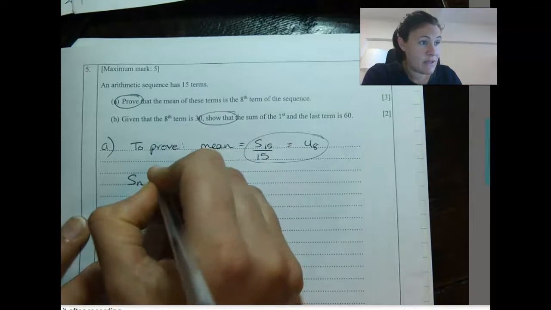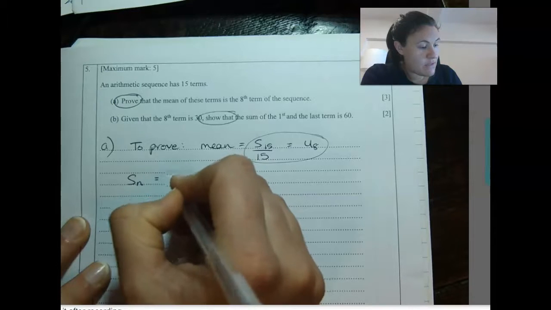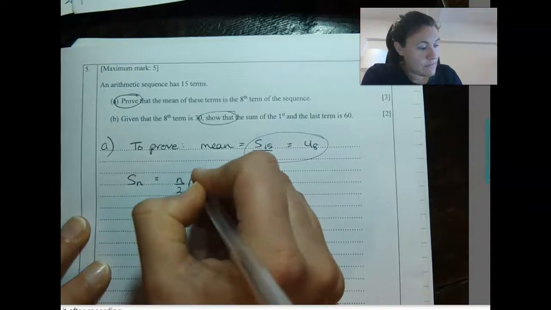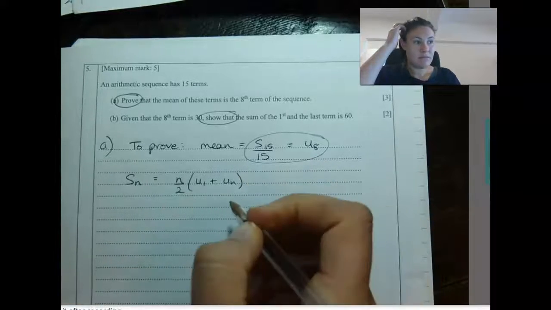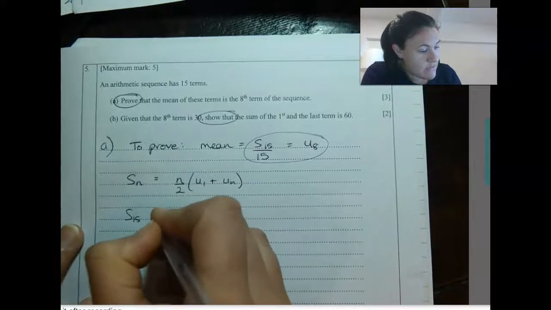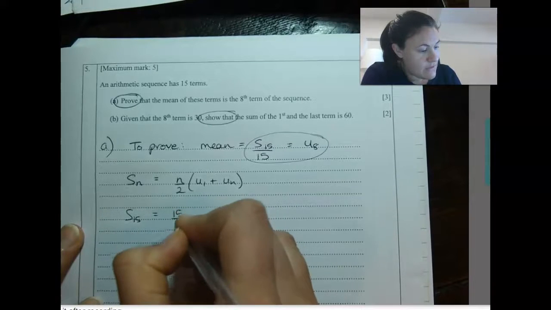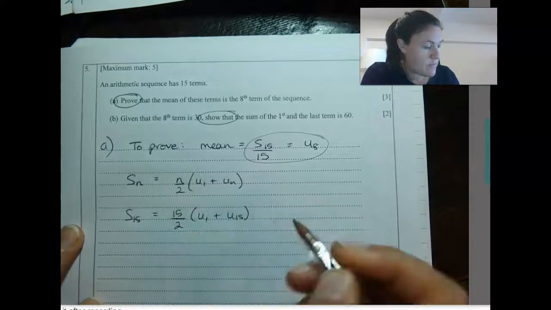I know my formula for Sn, the sum of an arithmetic sequence. It's n over 2 times (u1 plus un). That's one version of it. And so S15 will be 15 over 2 times (u1 plus u15).